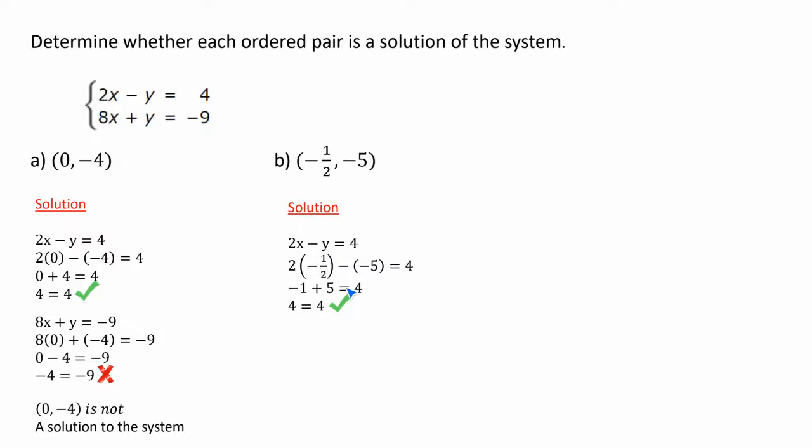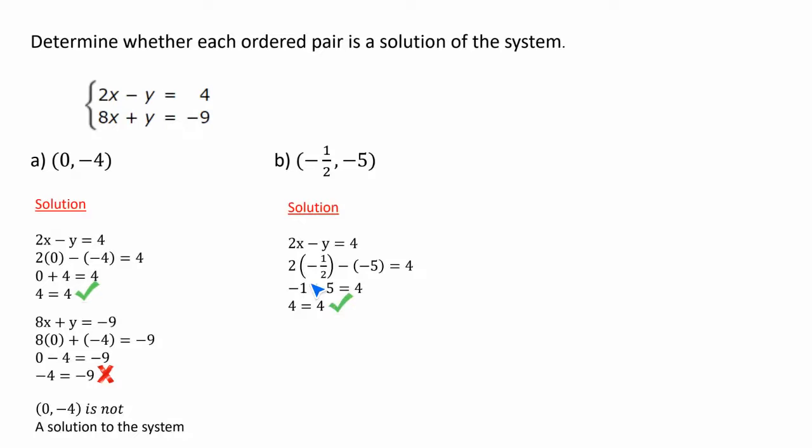So let's try letter B. Here, x is -1/2 and y is -5. If we simplify, we get 2 times -1/2 is -1. Negative negative is a +5. And -1 plus 5 is 4, which is equal to 4. So that is a true statement.